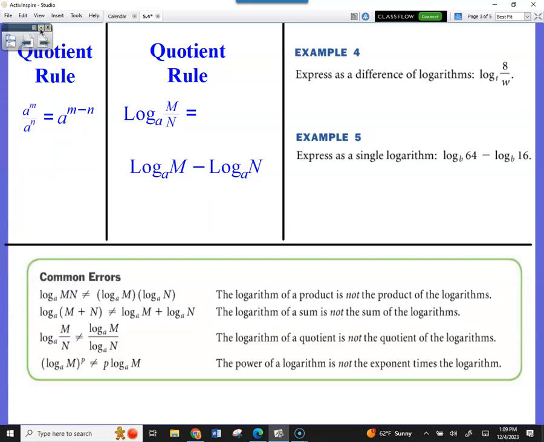So looking at the quotient rule of properties of exponents, if you have a base and a power over the same base and a power, then you can condense it to a single expression, same base, and you subtract the exponents.